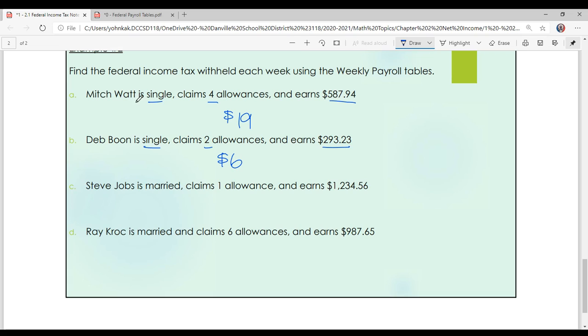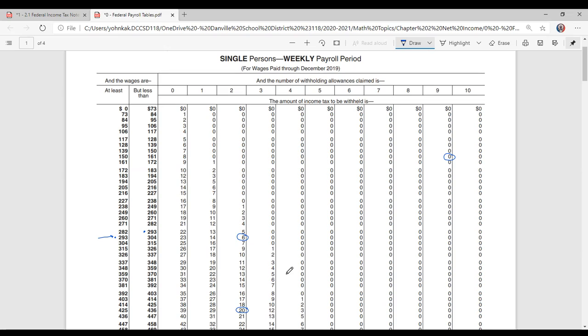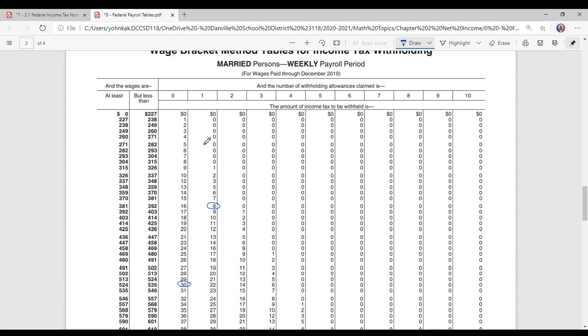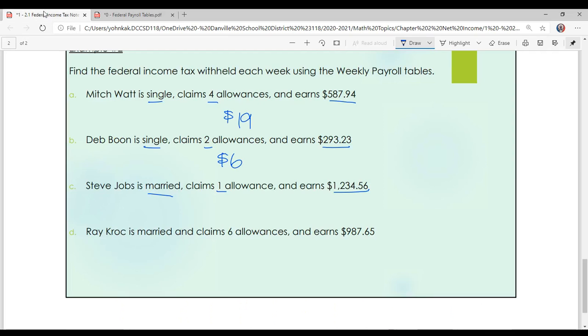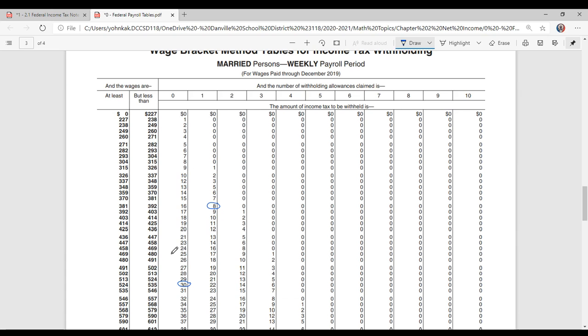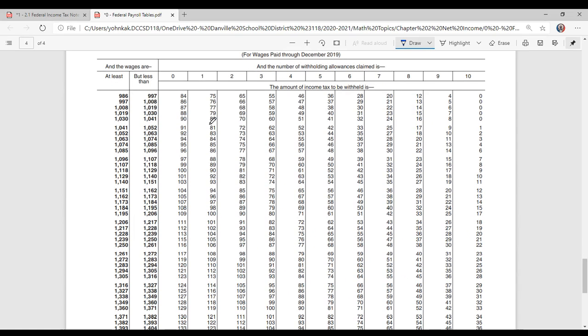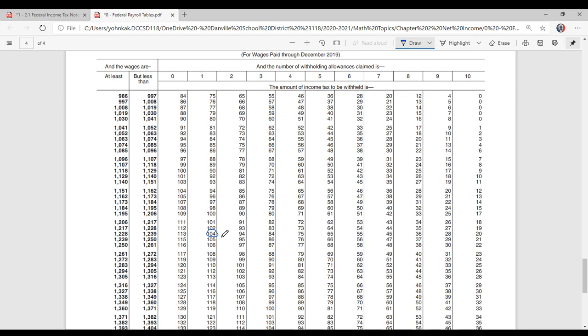Okay, Steve Jobs is married, claims 1 allowance, and earns $1,234.56 a week. So married, 1 allowance. 1, 2, 3, 4 puts us on the next table. 1, 2, 3, 4 puts us right here at $104.